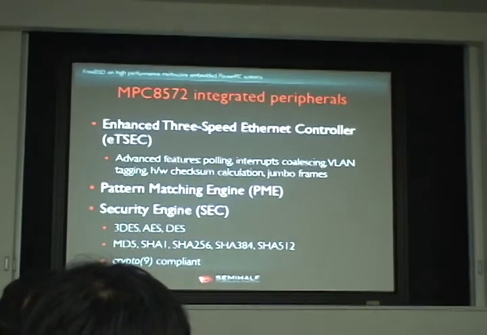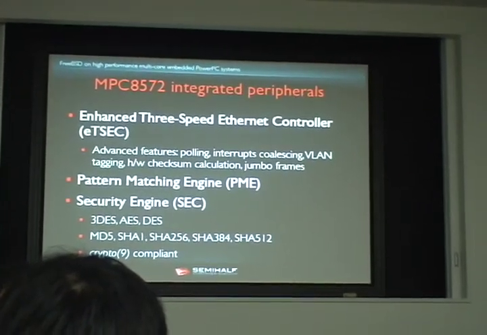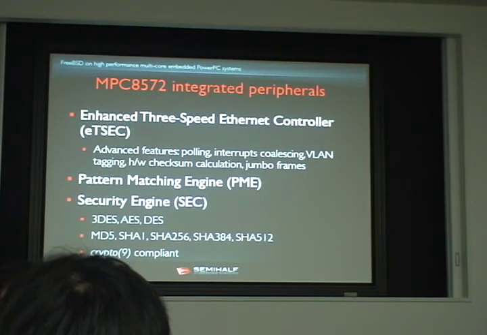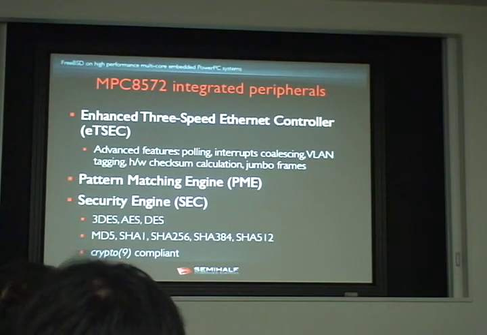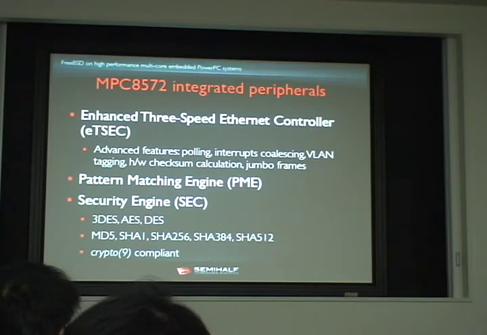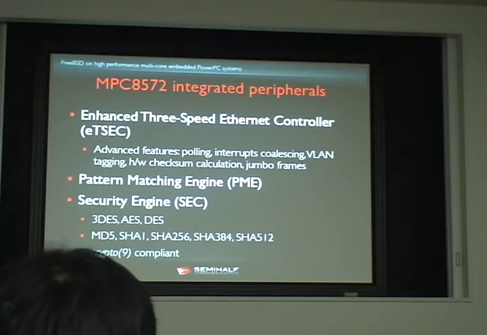There's also an integrated security engine. It's compliant with the Open Crypto Framework. So we can already do a number of algorithms. And as we talked about during the presentation, the engine is pretty complex, and it's got separate, physically separate engines for doing hashes, for encryption, for doing AES.